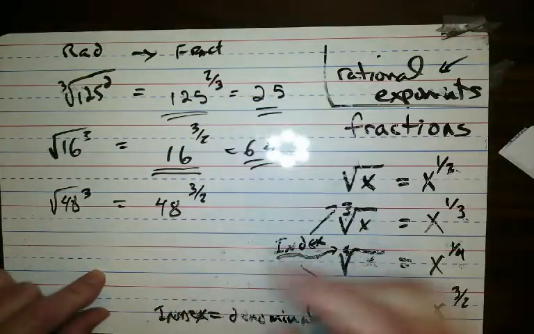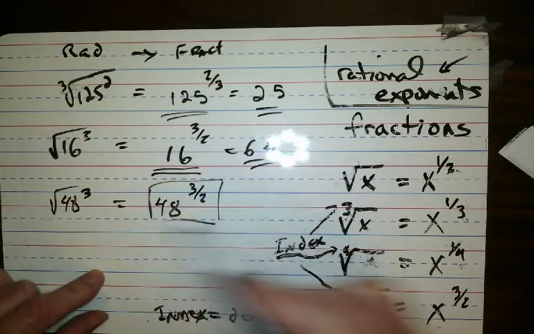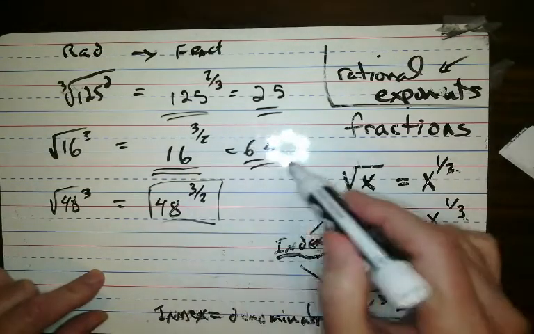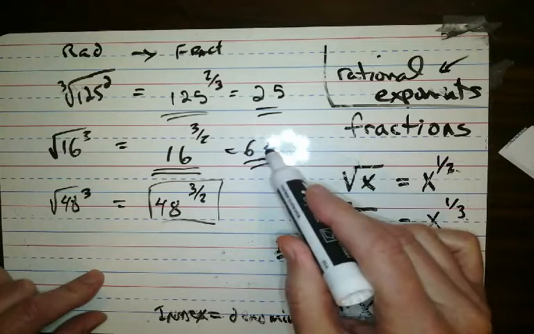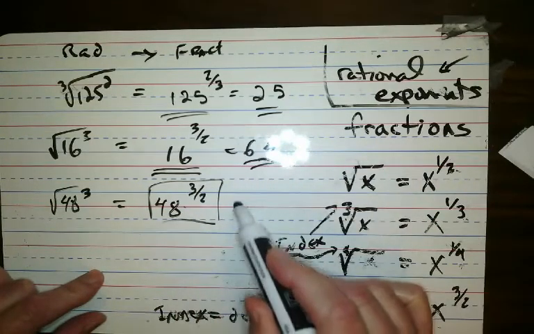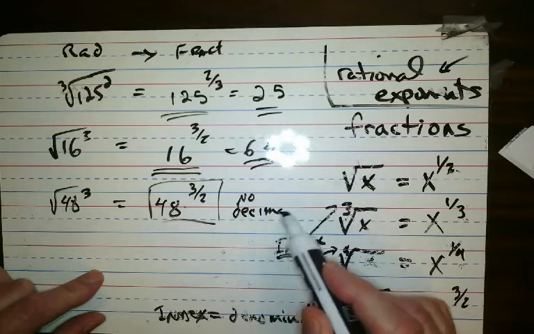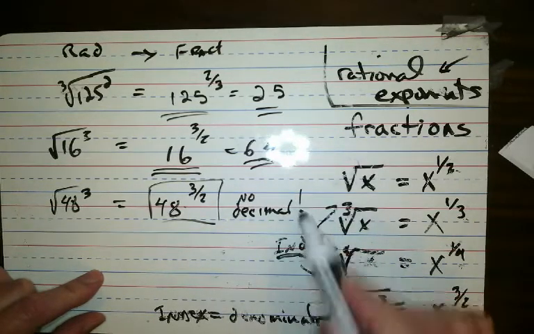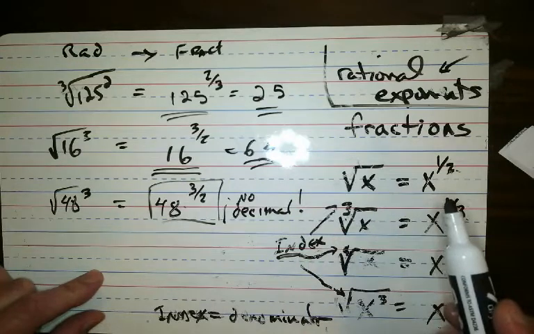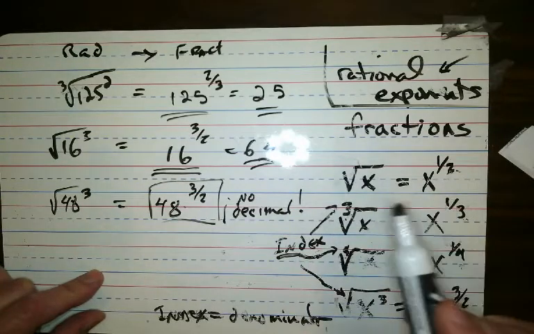Yeah, it's a decimal. So we stop right here. If you can simplify it, go all the way to a number, right? But if you get a decimal answer, I do not want a decimal answer. So you just leave it like that. Right? Very, very important. No decimals allowed. None whatsoever.